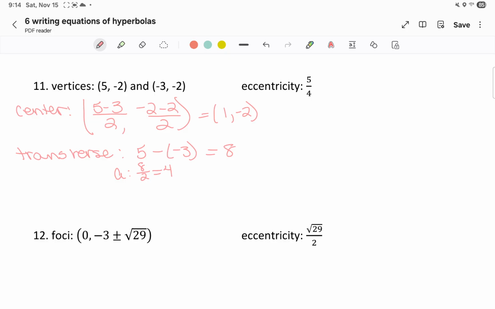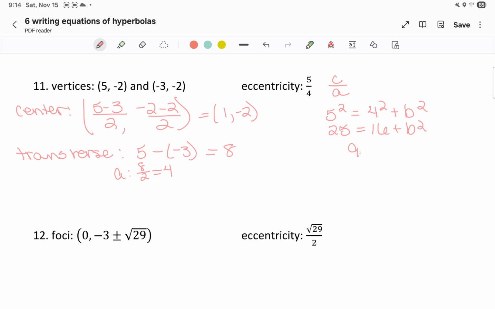And so since we have our eccentricity here, we didn't actually even have to find A, because our eccentricity is C over A. But we can use that C value to find B, because we can say 5 squared equals 4 squared plus B squared. So 25 equals 16 plus B squared.